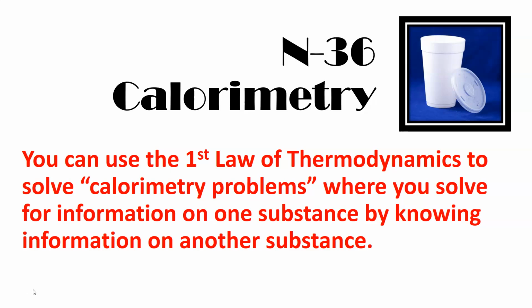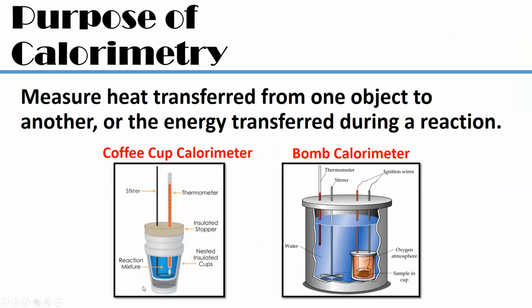So let's look at some calorimeter pictures. A calorimeter is the device that we use. You can have really fancy ones called bomb calorimeters. They plug into the computer and they're made of fancy material. Or what we do is we can just use coffee cups. We use the styrofoam coffee cups.